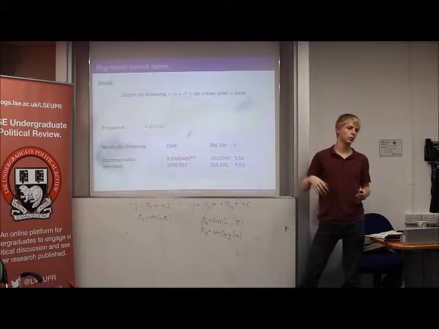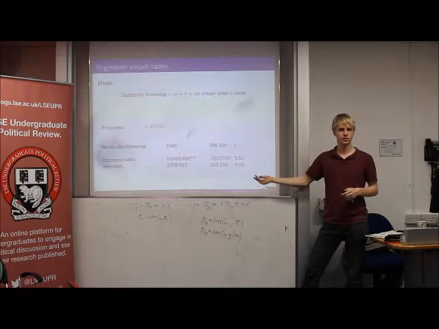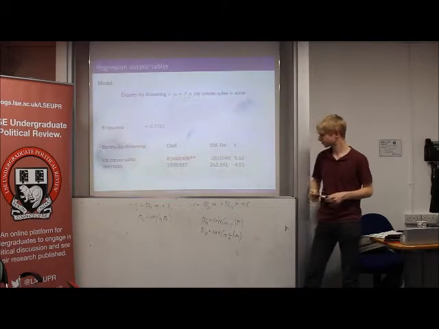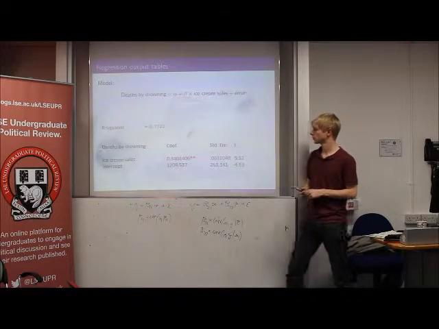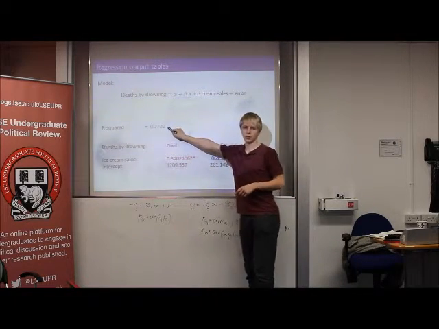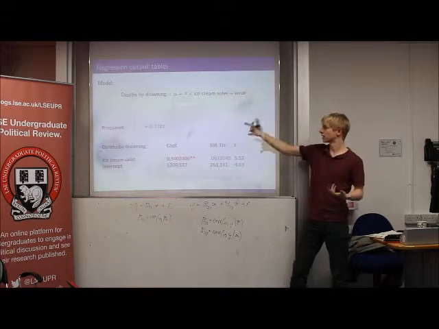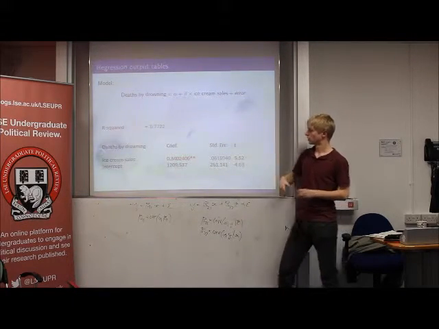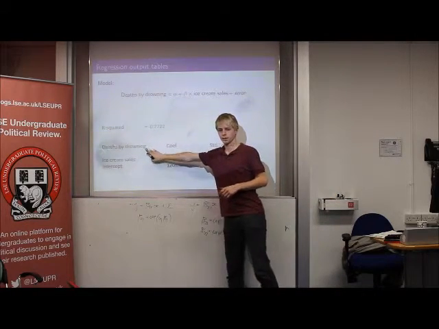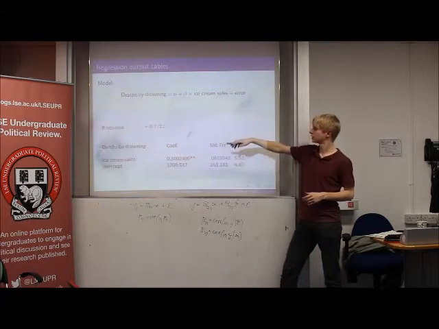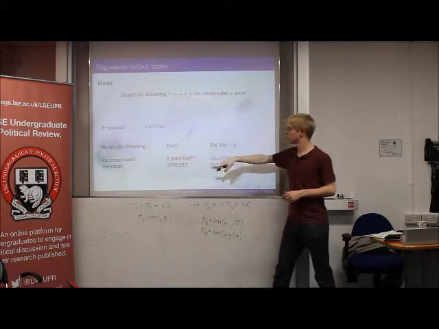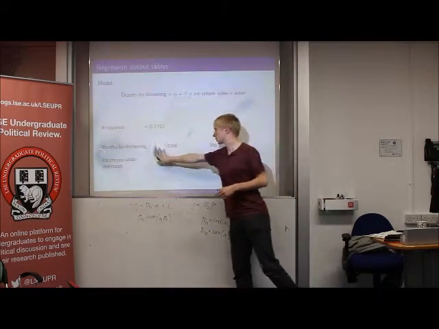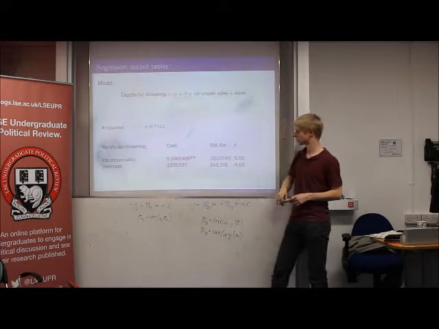And this is probably what you may have seen in academic papers, if you've read any that have empirical work in. So this is a regression table. We have our R squared here, the amount of variation in death by drowning that can be explained by ice cream sales. Here we have what the dependent variable is, the y variable, death by drowning, and our two coefficients: the coefficient of ice cream sales and the intercept.